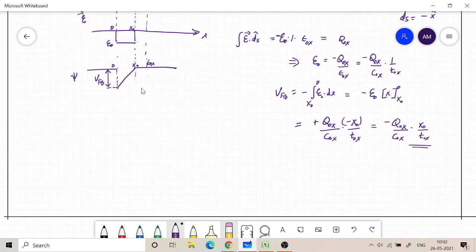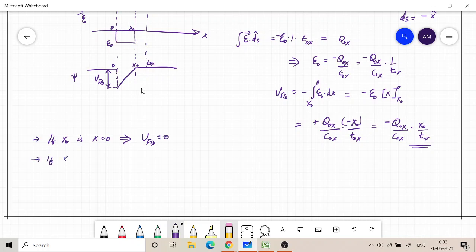So now if you see here, let's see, if x naught, the location of these charges, is x equal to 0, that means flat band voltage is 0, right?